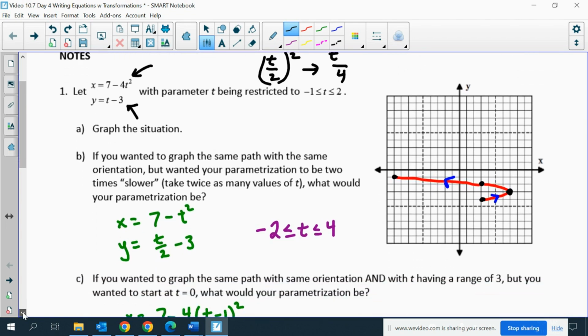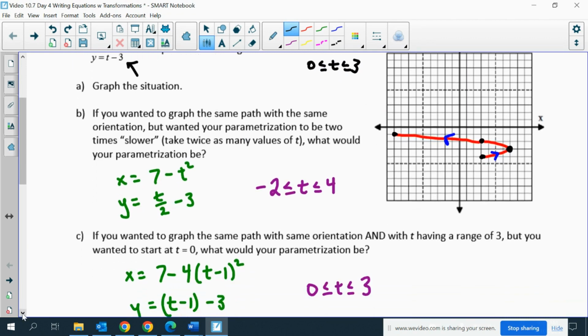Now, if you want to graph the same path with the same orientation and t having a range of 3, just like we did here, but we wanted to start at t equals 0. So essentially instead of -1 to 2, I want 0 to 3. Well, what I could do in order to do that is, if I'm shifting all of my t's to the right one, I know how to make that kind of shift.